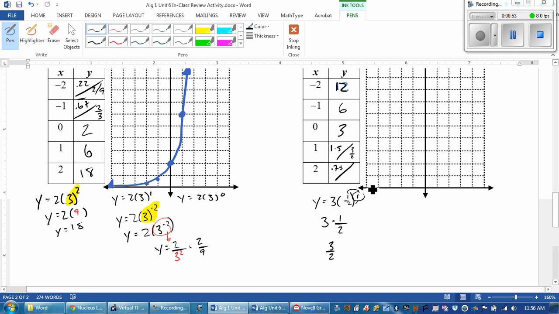And now we're going to do the same thing for the other one. Okay, so the first step is to always distribute. So we have 1 squared over 2 squared. 1 squared is, it's not 2 guys, 1 times 1. And then 2 squared is 4. And then when you multiply that, you get 3/4.